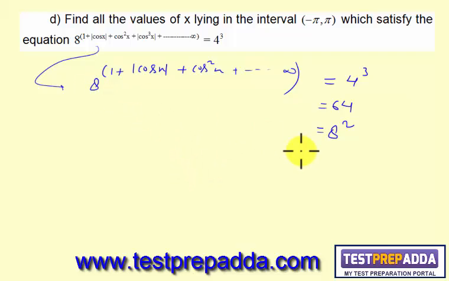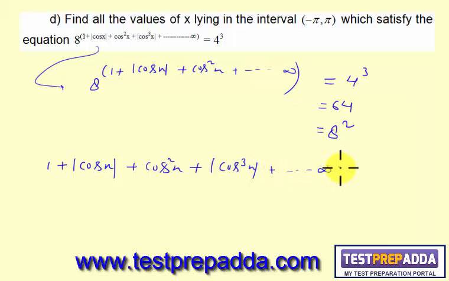So if I compare LHS and RHS, I can easily write 1 plus mod cos x plus cos square x plus mod cos cube x plus so on infinite terms will be equal to 2.